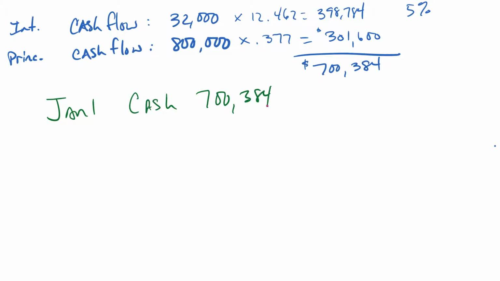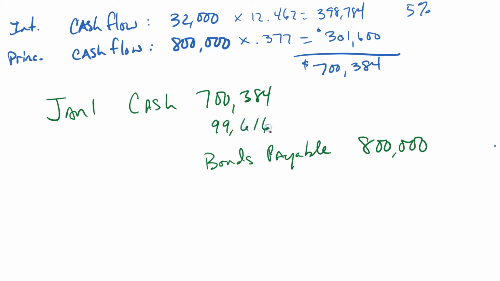We would credit bonds payable for 800,000, because when they mature, the amount that we owe our bondholders is 800,000, and the difference of 99,616 is a debit called, I don't have room to write it all out here, a discount on bonds payable. And that would be what we would issue.